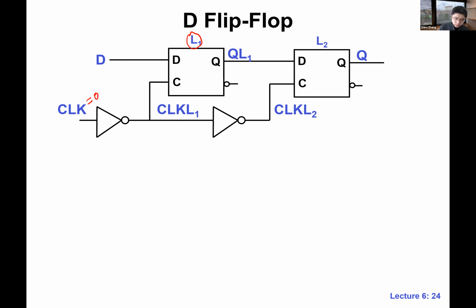When the clock is 0, we are looking at this signal, clock L1, which is actually 1. So L1 is open. Then what is QL1? I'm using this name to name the output signal from the first latch. What is QL1? Very good. It's basically D.